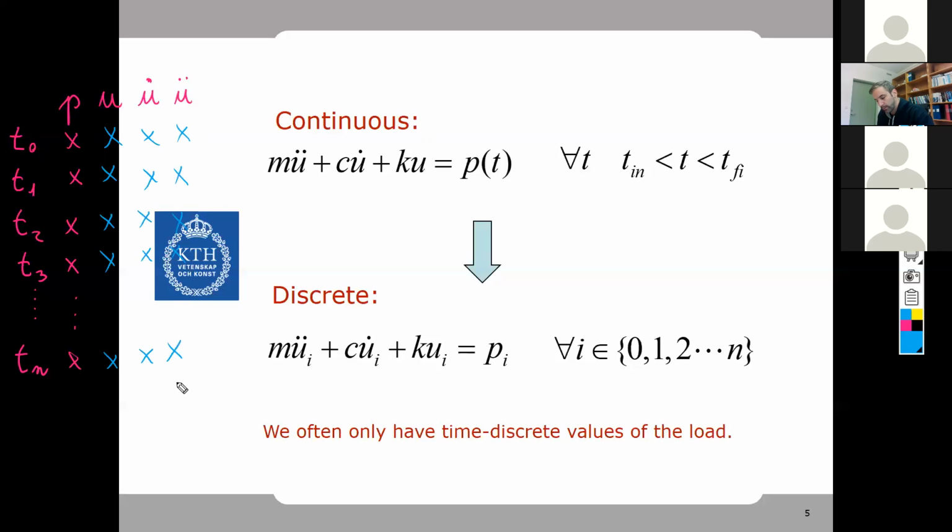And because this is now a list of values and not an infinite set of them, this is a much more computer-friendly problem. So we have gone from this, which is true for all times in an interval from the initial time to the final time, to this other version, which is only true in a finite number of points that we set.